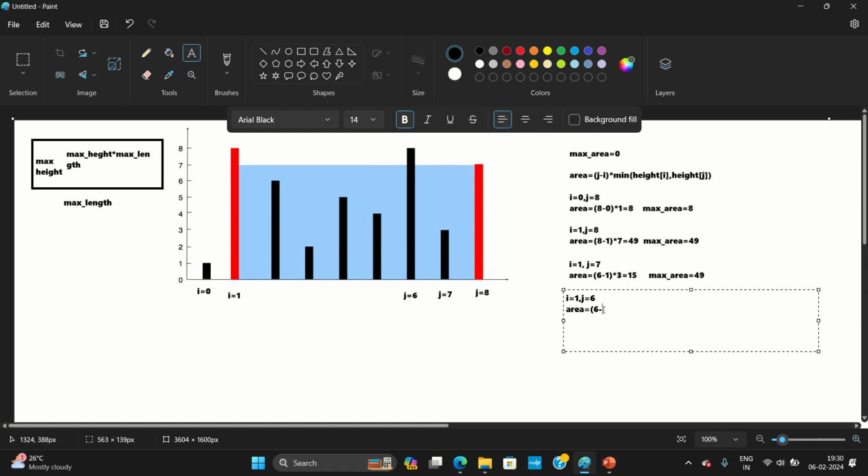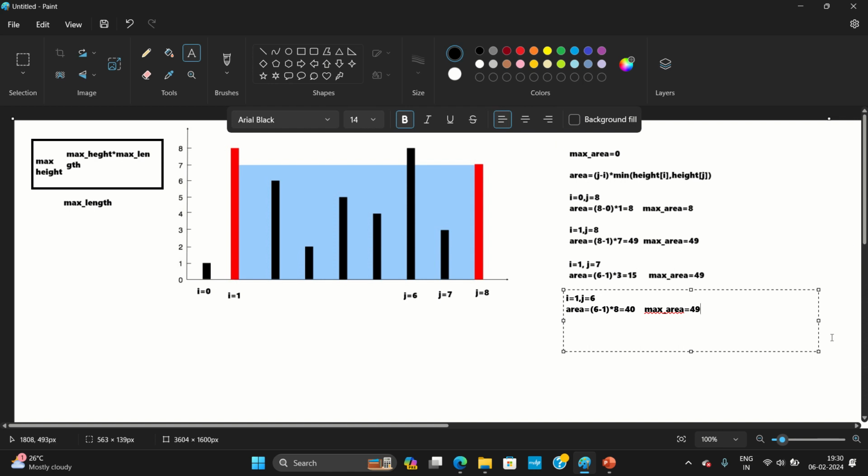So 6 minus 1 into the minimum among these two. None of them is minimum, right? Both are having the same height, so we can consider any one of the heights. Therefore it is 8, and we get 40. And it is less than the present max area, therefore it stays as 49.